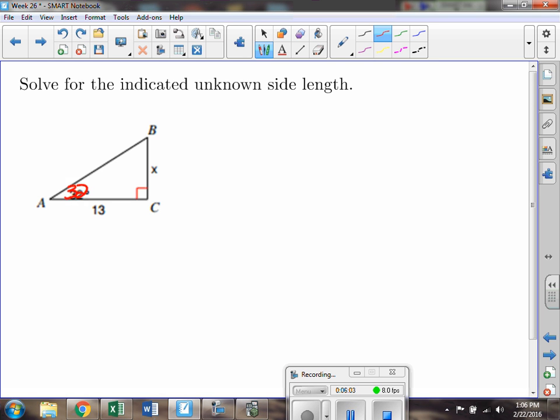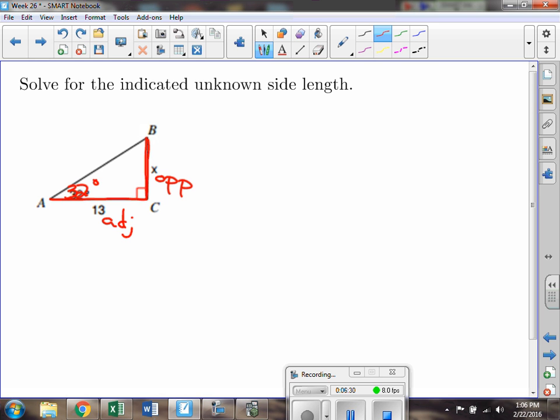Based on having 32 degrees, the adjacent is right here. Based on 32 degrees, what is x? It's opposite. So we are given opposite and adjacent, which are absolutely correct, Michelle. That tells us we have to use tangent.